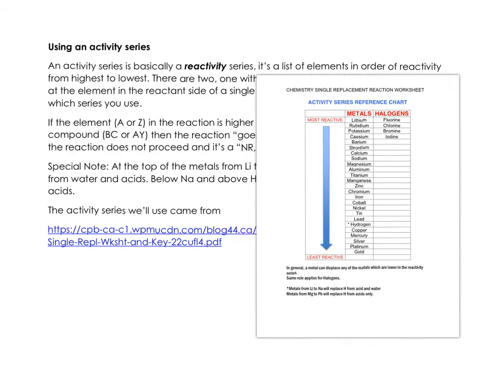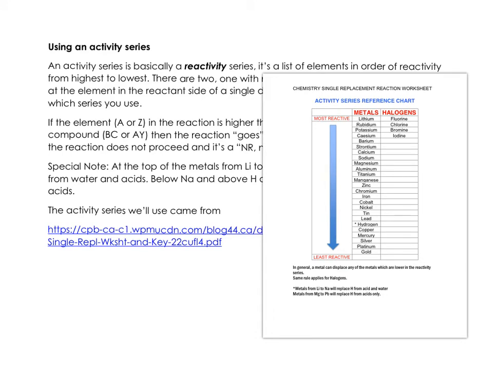So here's an example of an activity series, and you can see that we have metals in this column and halogens in the second column. So you look at the element on the left-hand side of the arrow, on the reactant side, identify what type of an element it is, and that will determine which column you use.